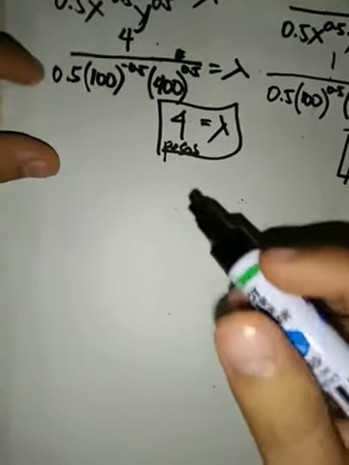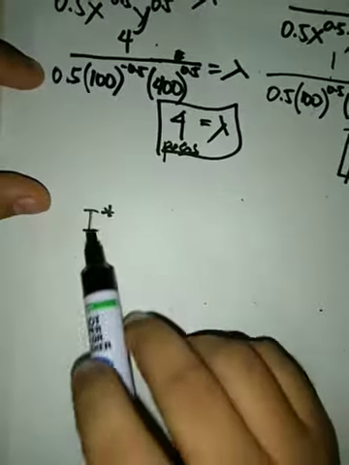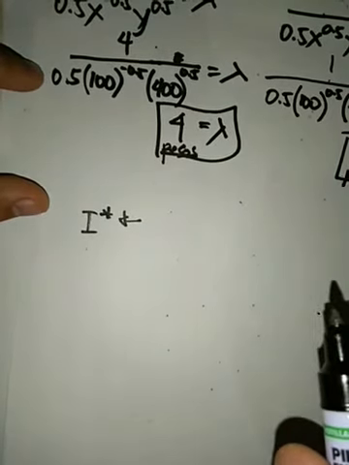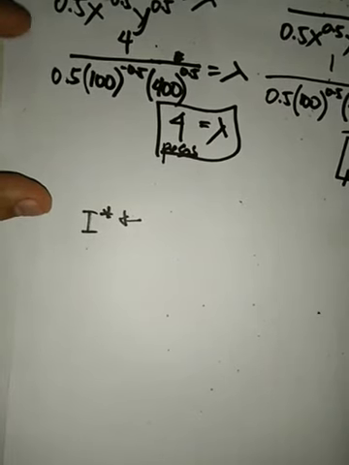And the last, we need to get the I asterisk. How much would be the expenditure that the consumer should maximize, or should I say minimize rather?